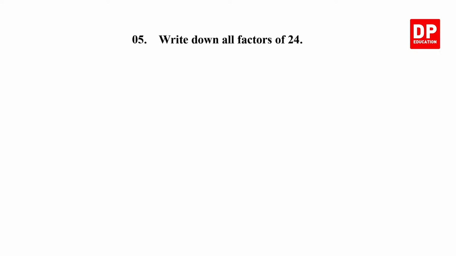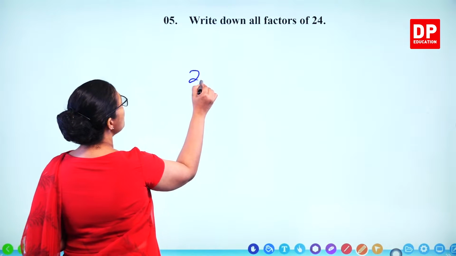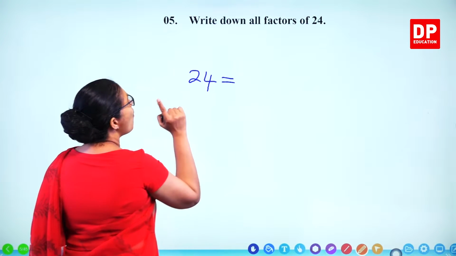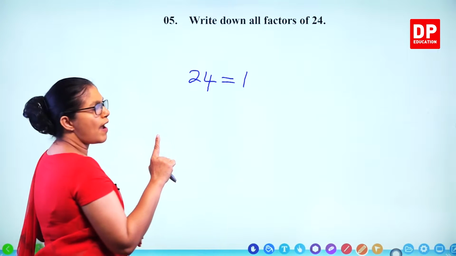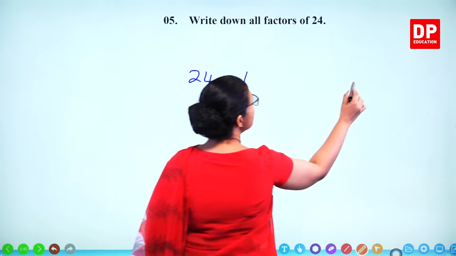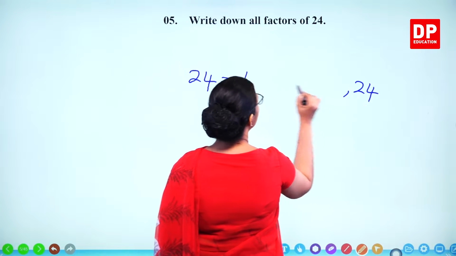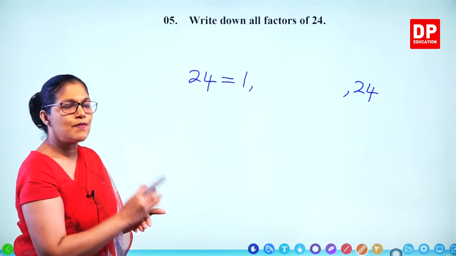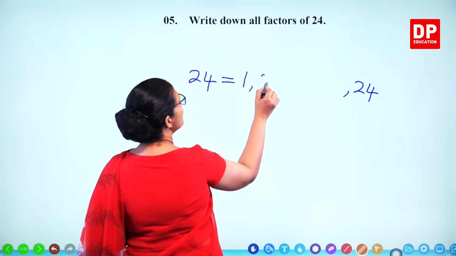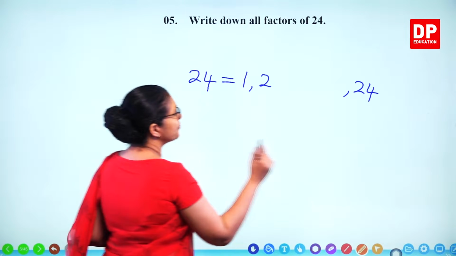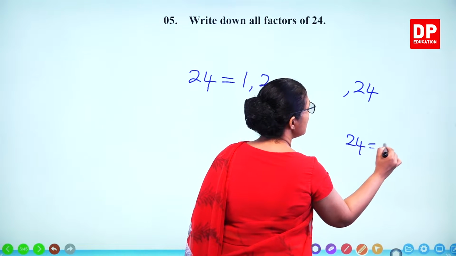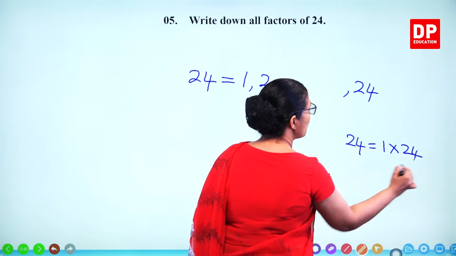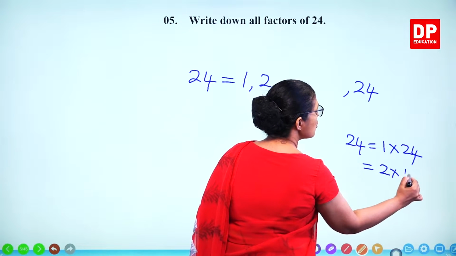Question number 5. Write down all factors of 24. We already know 1 is always a factor and the number itself is always a factor. So we have to find the other numbers. 24 is divisible by 2. I'll write here: 1 times 24, then 2 times 12.